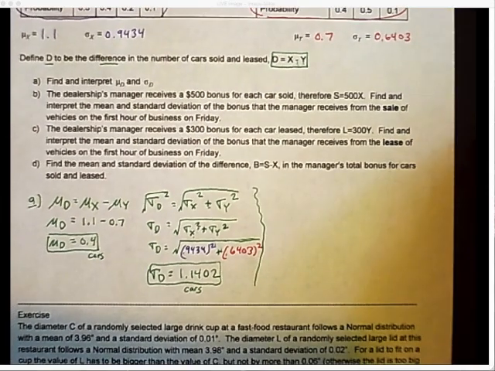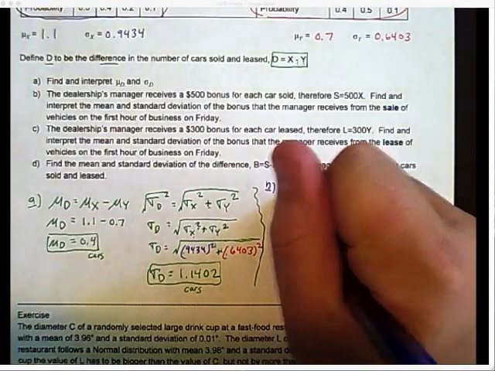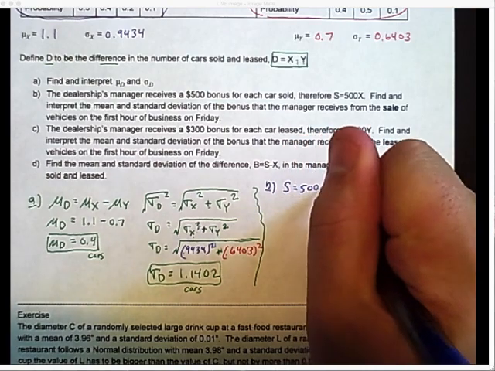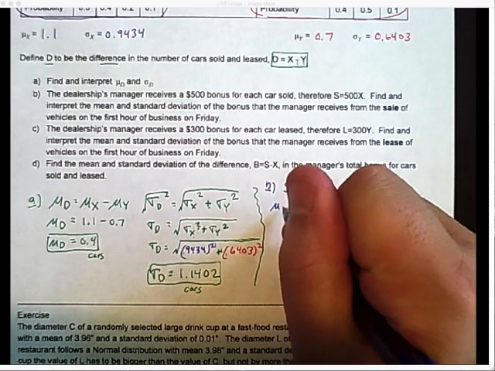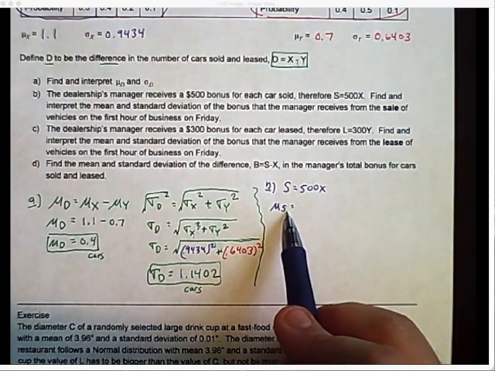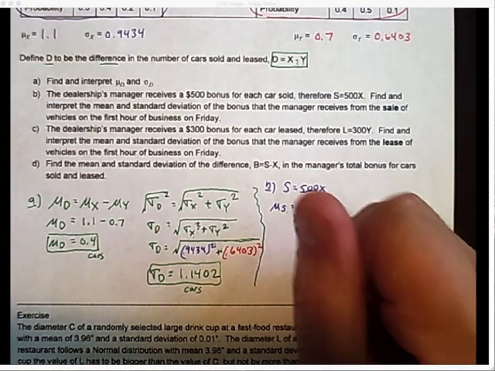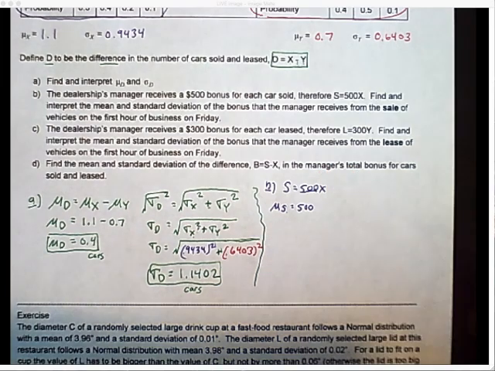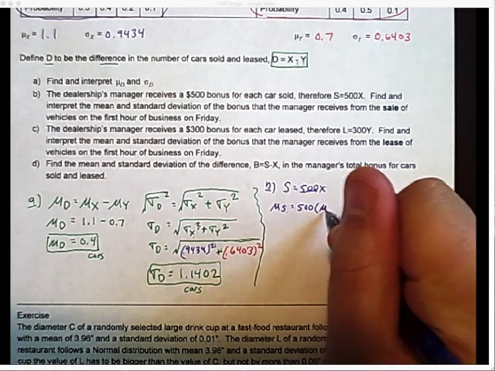So here they tell us in part B that S equals 500x. So what they want me to do is find mu of S. What's the mean amount of bonus from sales? Well, when you're multiplying x by 500, that's also going to affect the mean by 500. So we're going to take 500 times mu of x.